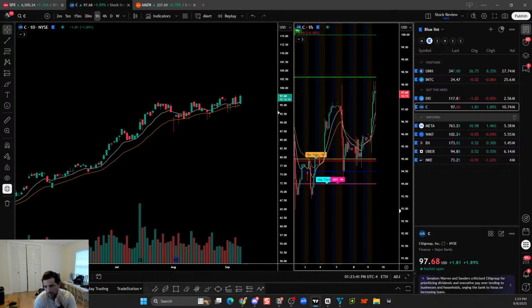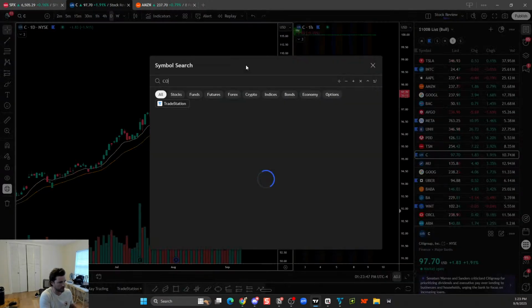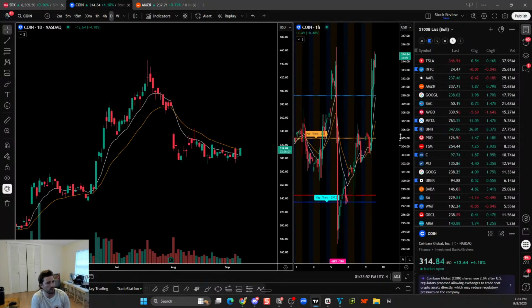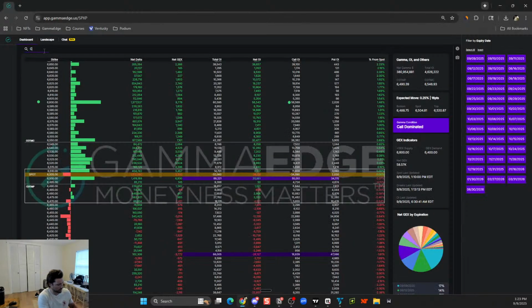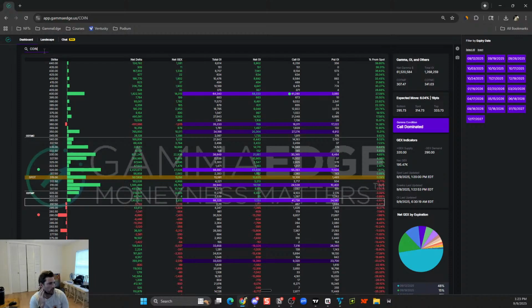So someone wanted to look at COIN. No, COIN isn't on a watch list. COIN looks like crap, I think, right now. It's starting to make a turn, so it's above its P-trans level. Just go look at it real quick. Yeah, COIN looks pretty good here.